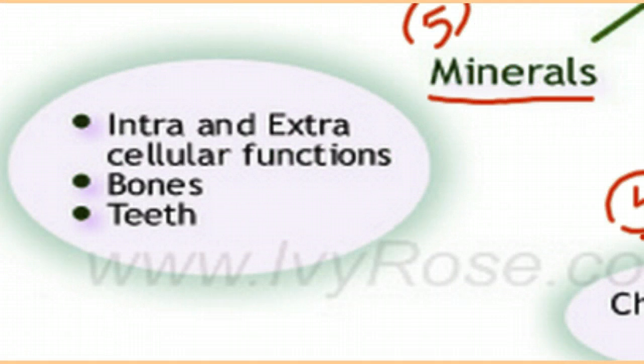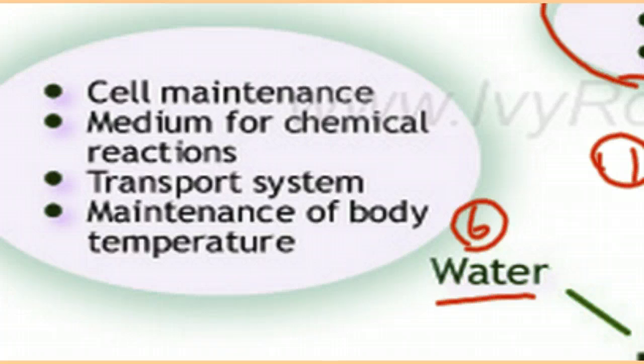Minerals. Minerals are needed for strong bones, teeth, and for intra and extracellular functions, for things that are happening inside of the cell and out of the cell. And finally, water. Now 70 to 80% of our body contains a lot of water, or blood rather, and this is because our body needs a liquid medium to transport things, to pick up something from one place and carry it to the next.